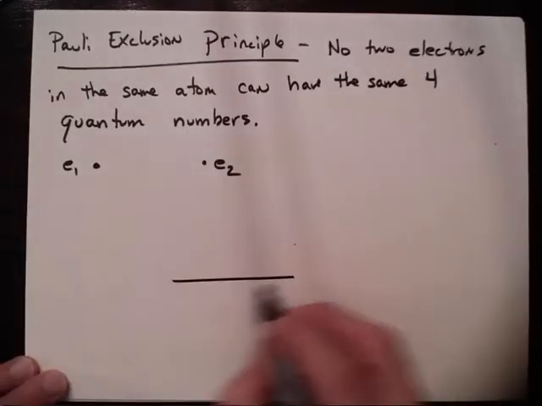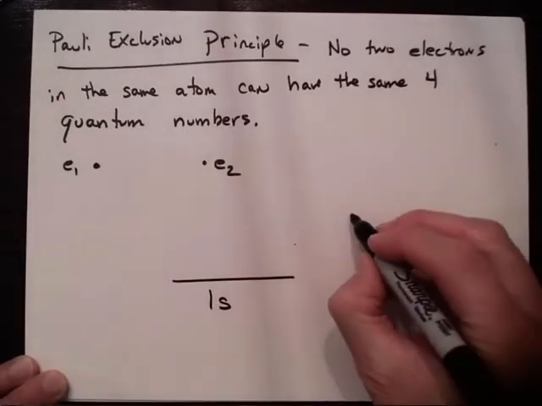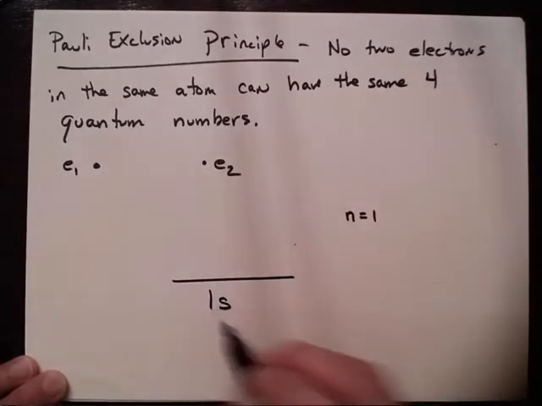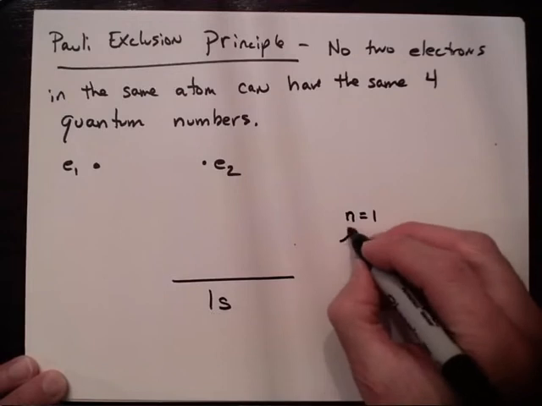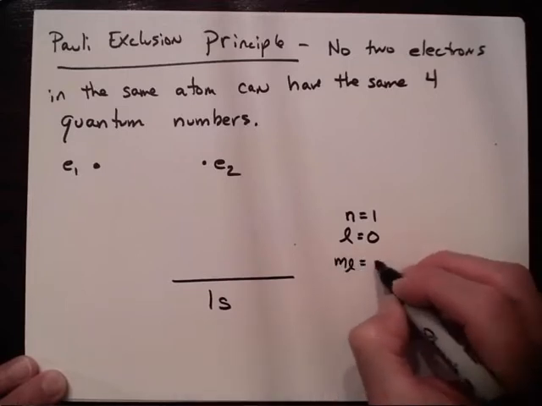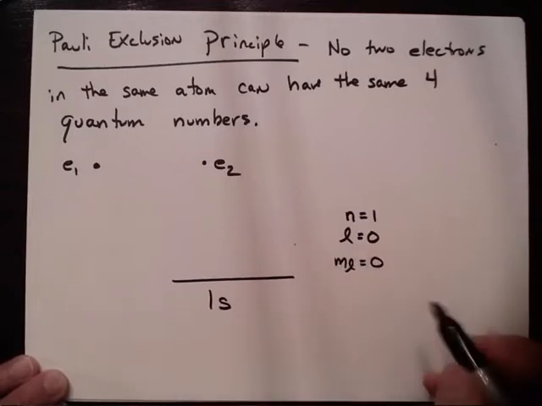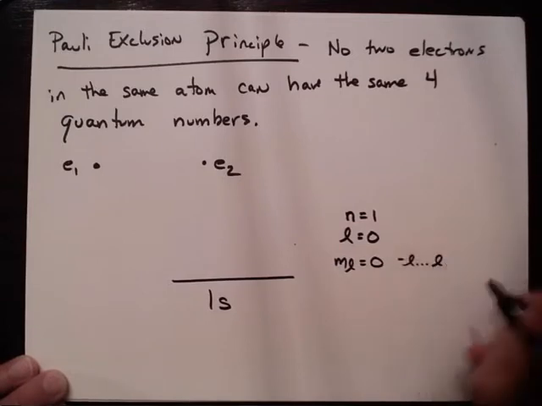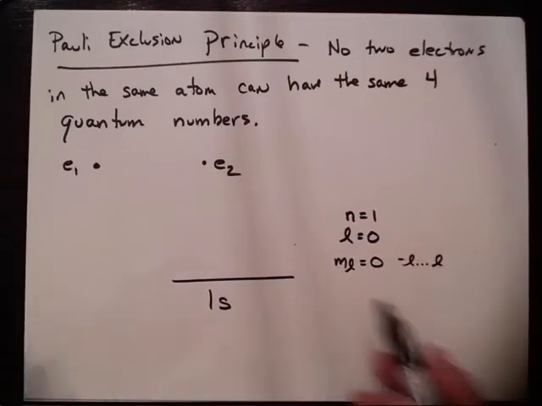So if I have a 1s orbital, the principal quantum number for this orbital is going to be 1. The angular momentum quantum number is going to be 0, because that's true for all s orbitals. And the value for m sub L for this particular orbital is also going to be 0, because we remember that m sub L varies from negative L to L, and of course negative 0 to 0 is just 0.